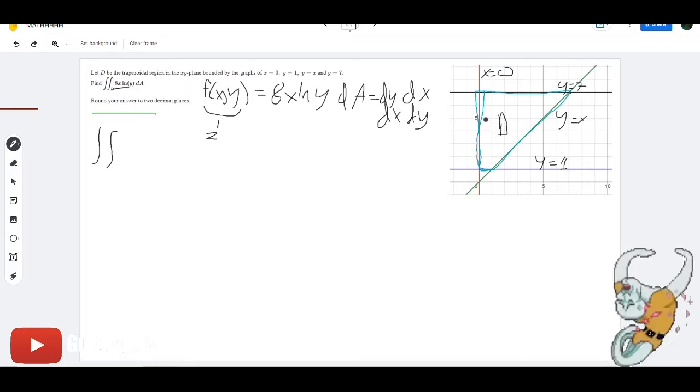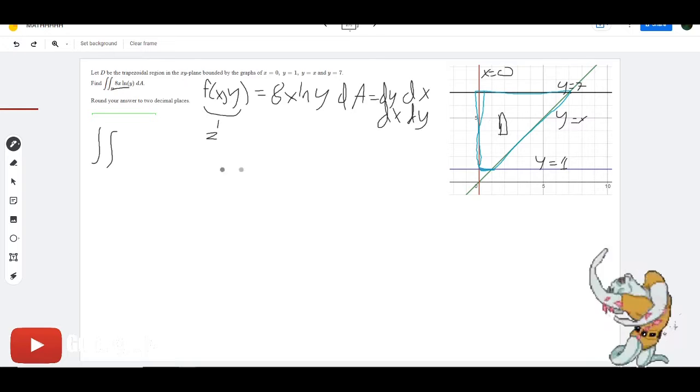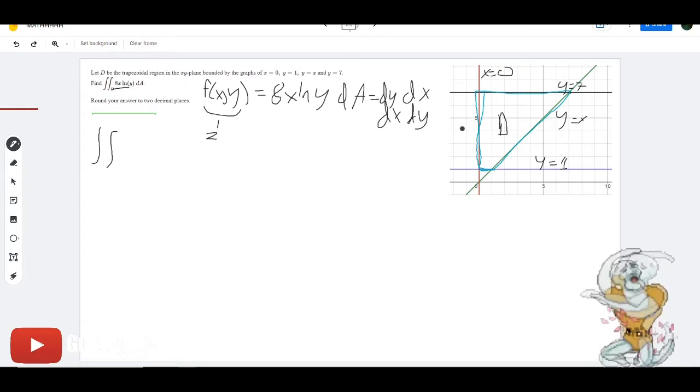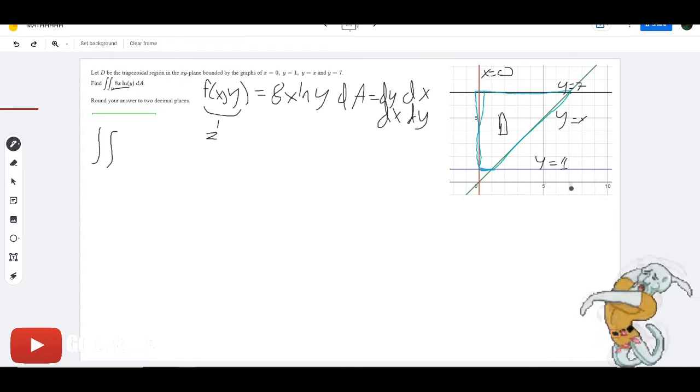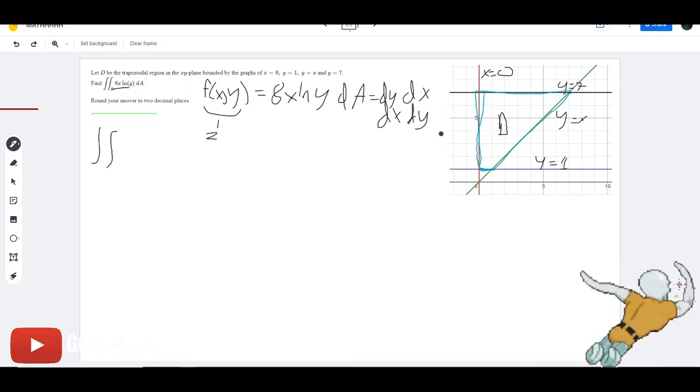Since we're integrating with respect to x first, we're going to use x equals y and x equals 0 as our boundaries, and our boundaries for y are y equals 1 and y equals 7. So we're going like this, and then we're moving it through y.